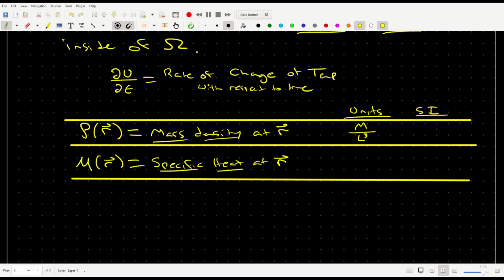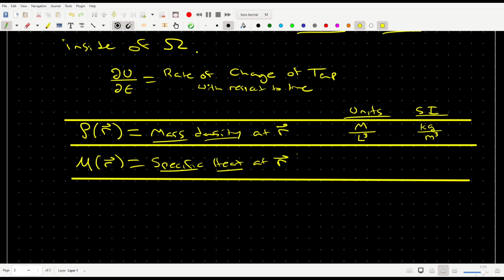In SI, typically this is given by kilograms per meter cubed. Specific heat, or specific heat capacity, is something that you might not be as familiar with, but essentially, informally, this is the amount of heat that must be added to 1 unit of mass of a substance in order to cause an increase of 1 unit in temperature.